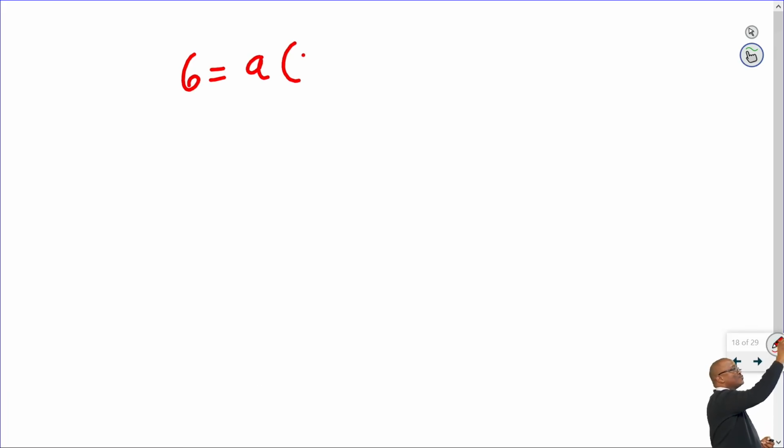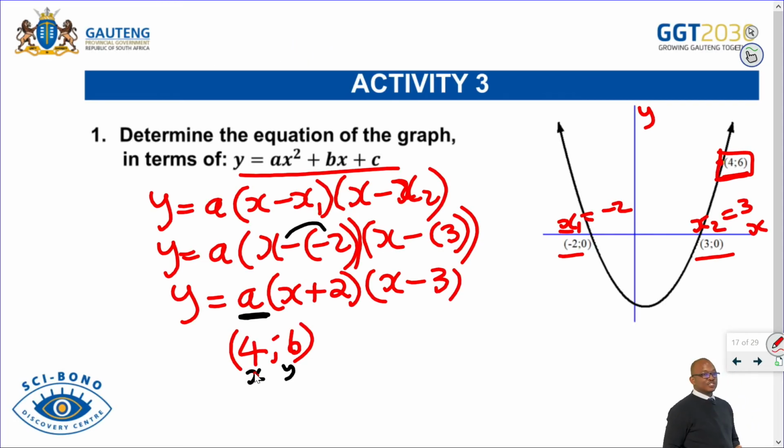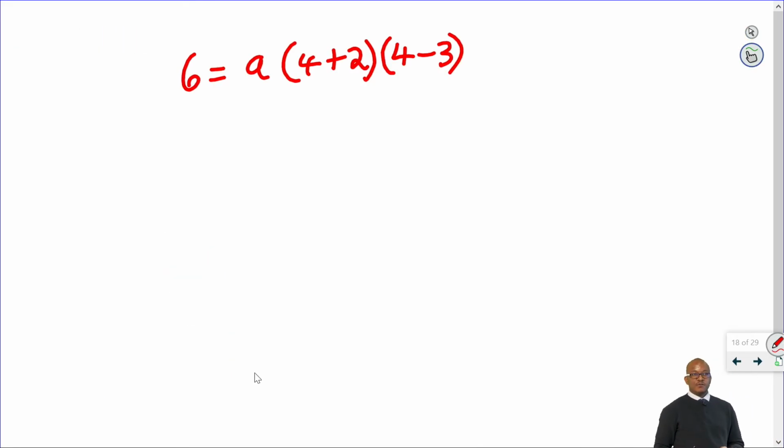So let's substitute. I'm going to have 6 is equal to A into 4 plus 2 and 4 minus 3. Where there is y, I substituted 6, and where there is x, I substituted 4.